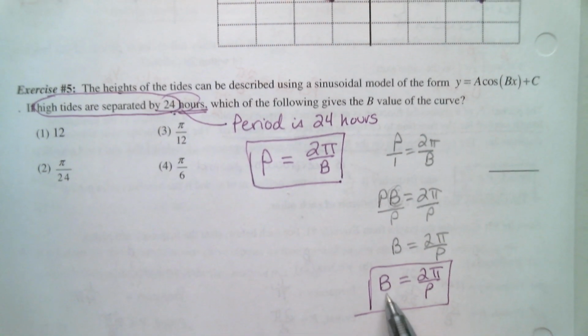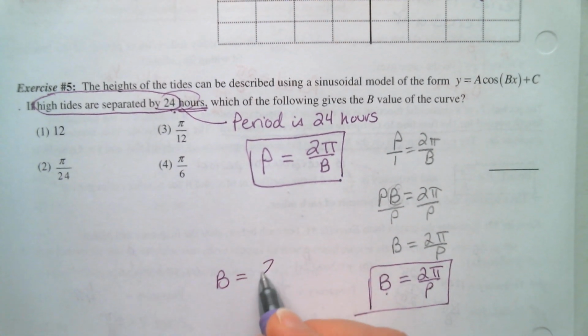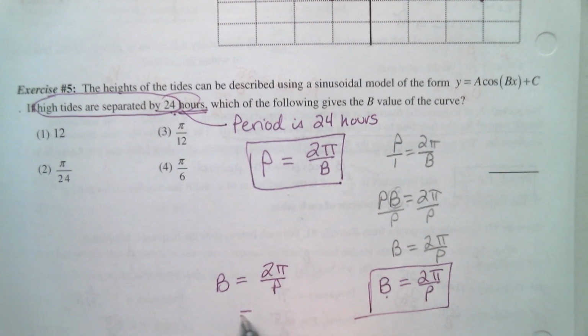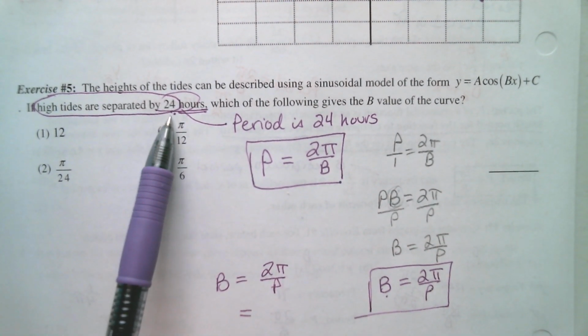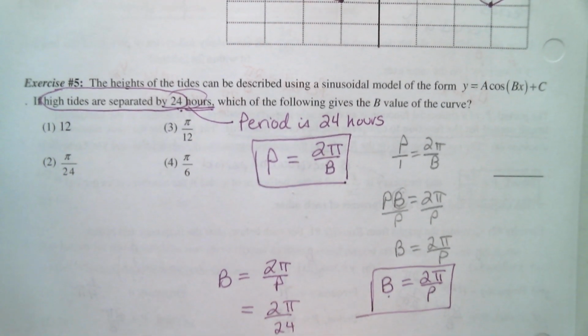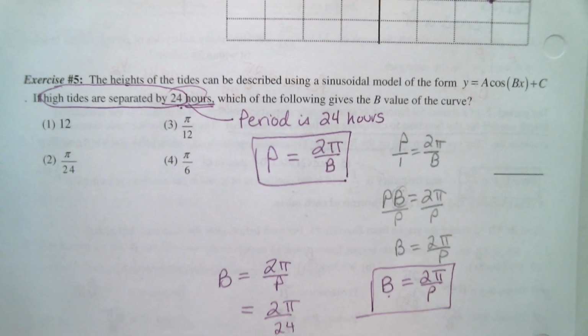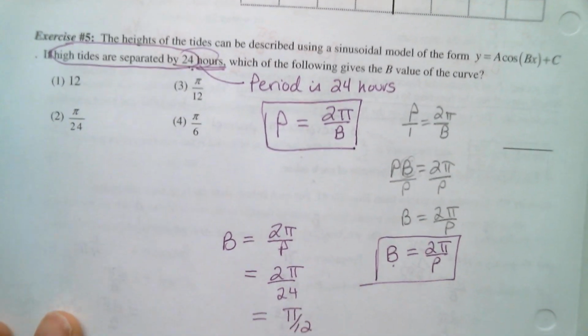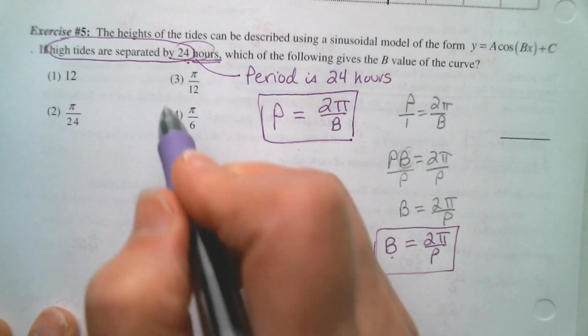Okay, so if I'm using b equals 2 pi over p, and our period is 24, 2 pi over 24 equals pi over 12. Option 3.